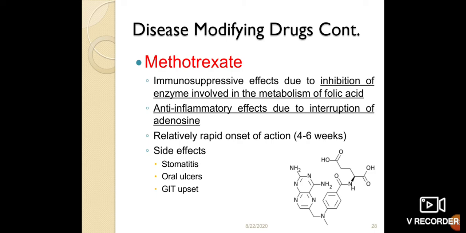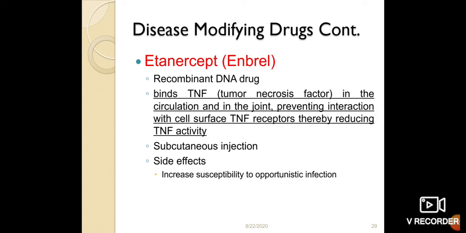Side effects: it causes stomatitis and oral ulcers in addition to gastrointestinal upsets. And actually stomatitis is due to this immunosuppressant effect of methotrexate. The other example of disease-modifying drugs is etanercept, like Enbrel.